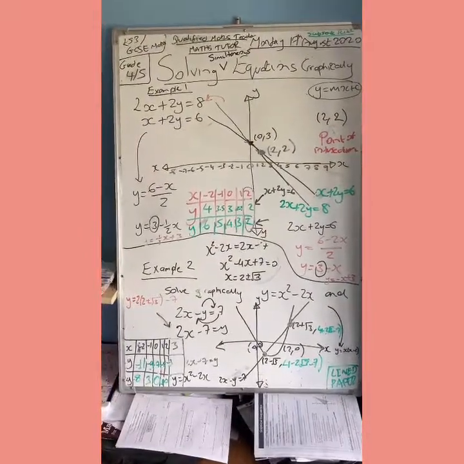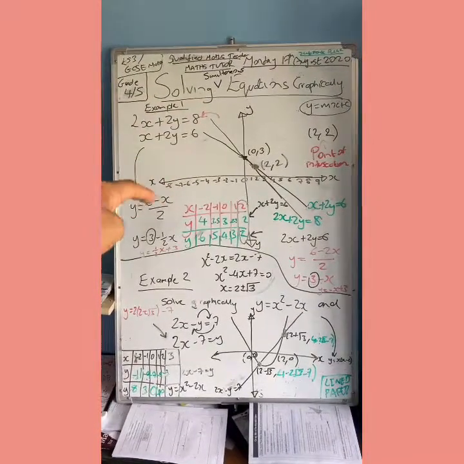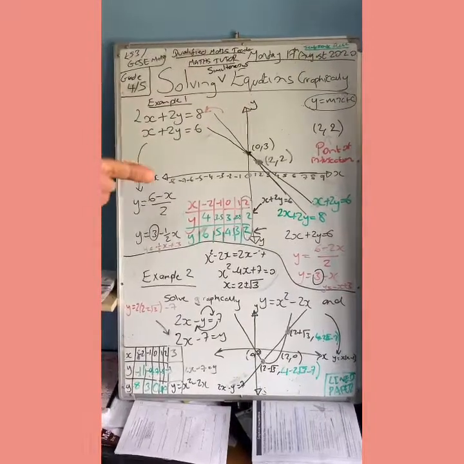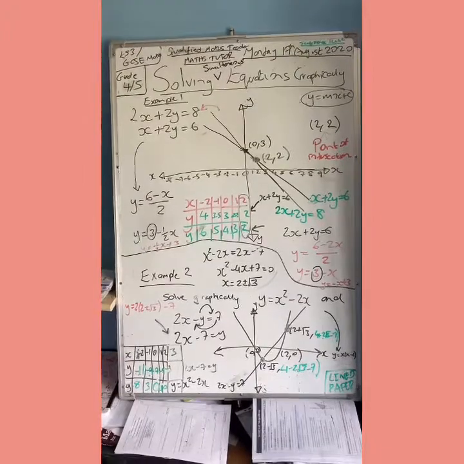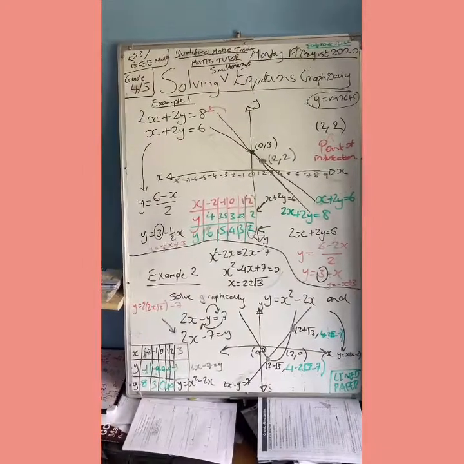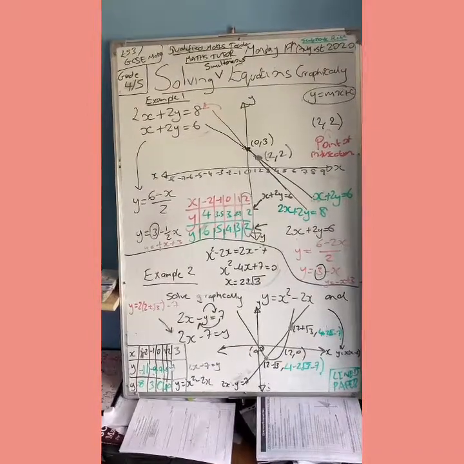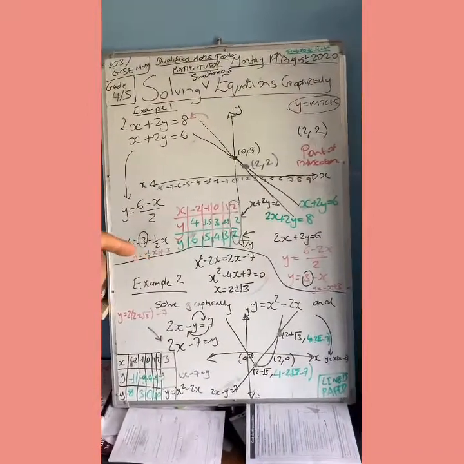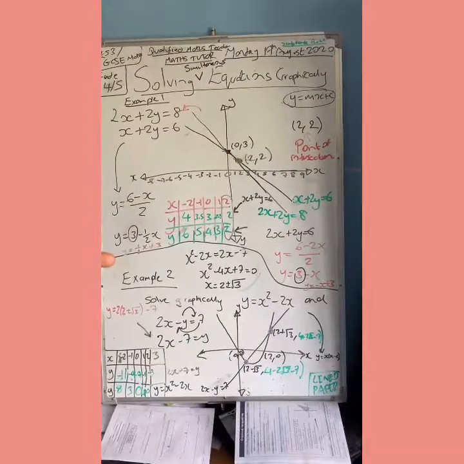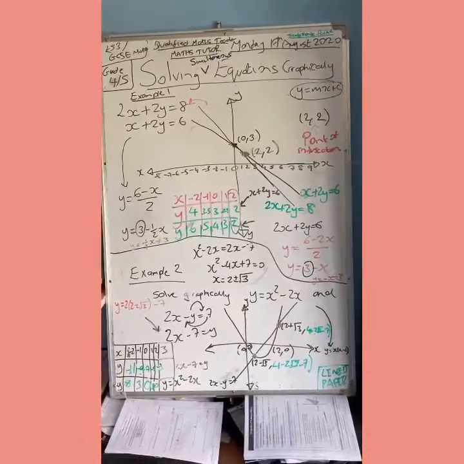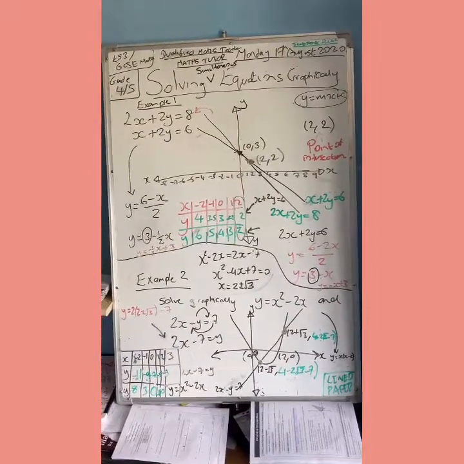So I rearranged x plus 2y is equal to 6: I subtracted x on both sides and then divided by 2, to give me y is equal to 6 minus x over 2, which simplifies to 6 over 2, which is 3, minus x over 2, which is minus half x. I can write it as y is equal to minus a half x plus 3. So that is my first equation.